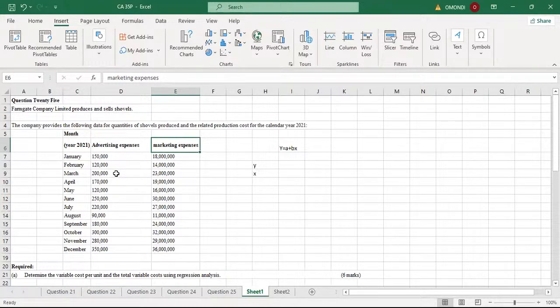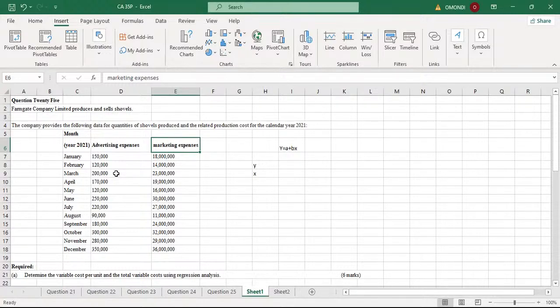So already the examiner is telling us that marketing expenses depends on advertising expenses. So my advertising expenses will be now the value of X.